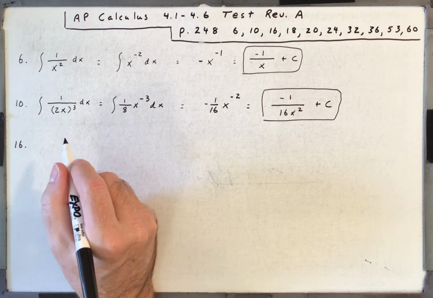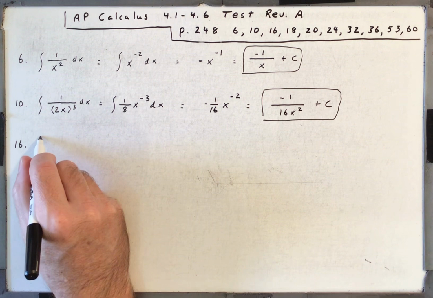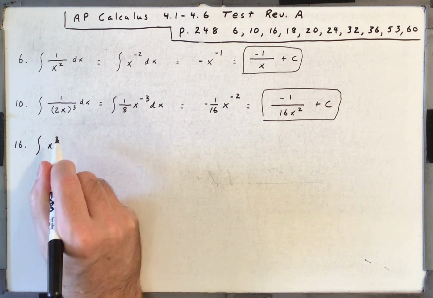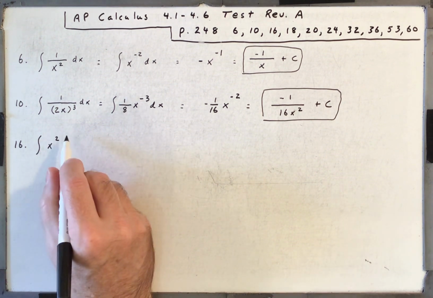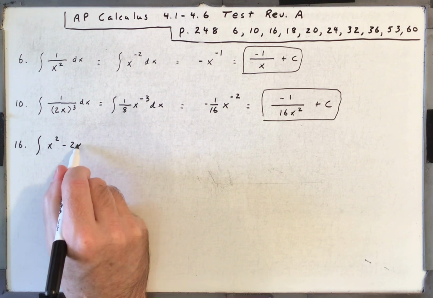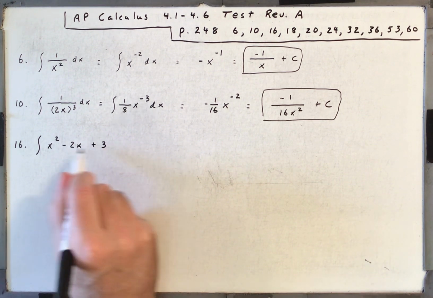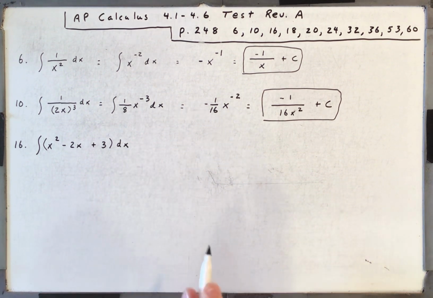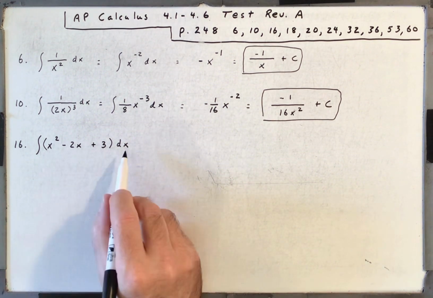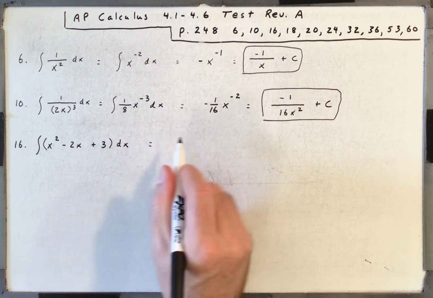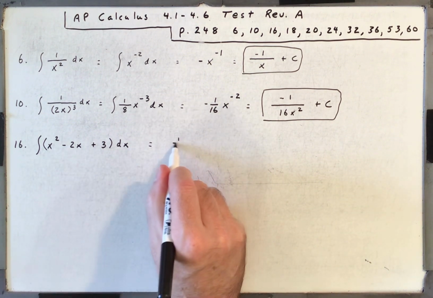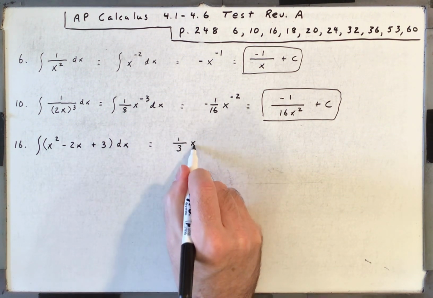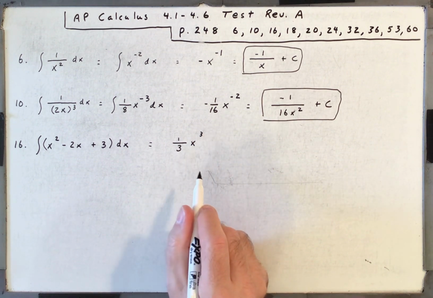All right, number 16, we have the integral of x squared minus 2x plus 3 dx. Okay, I'm not really going to have to rewrite this. I can just kind of eyeball that. So for x squared, the antiderivative would be 1/3 x cubed.